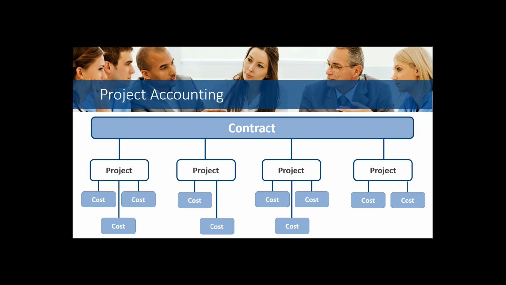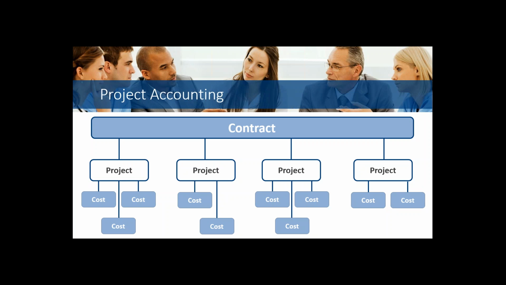And then as they are recording those costs, they would put the appropriate cost in the appropriate bucket. The more granular that you set your buckets, the more detail you can get out of your project accounting system. So from a basic standpoint, project accounting gives us these 3 levels.